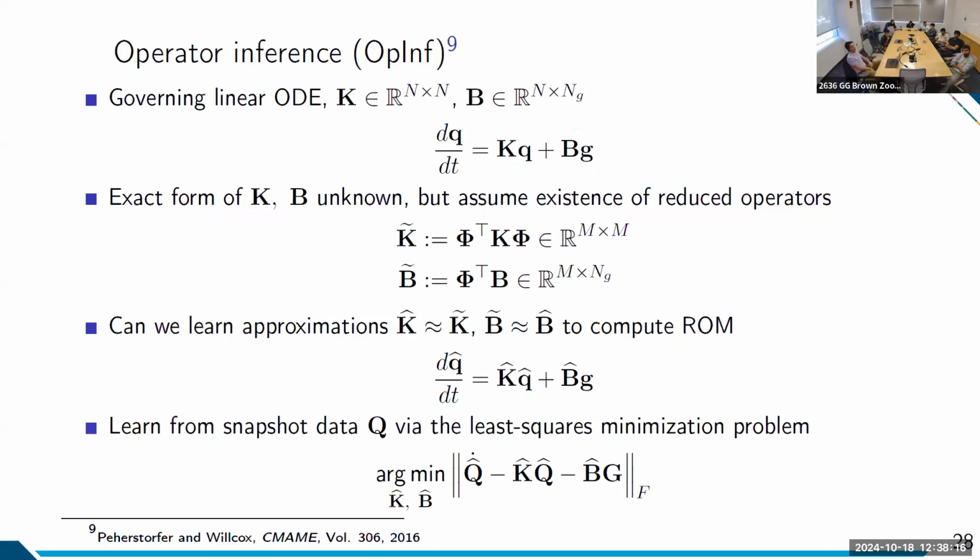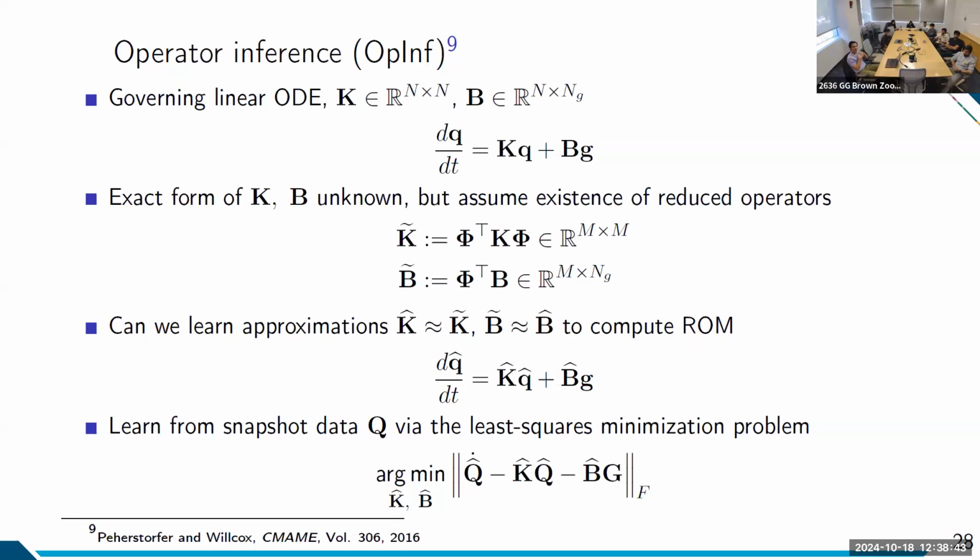And a fairly recent, or it's been very rapidly developed these days, is this idea of operator inference, where you are again given some governing ODE. In this case, we want to focus on linear ODEs, where you have a stiffness matrix K and some boundary operator B. And you don't actually know the form of K or B, because again, you can't get into your code.